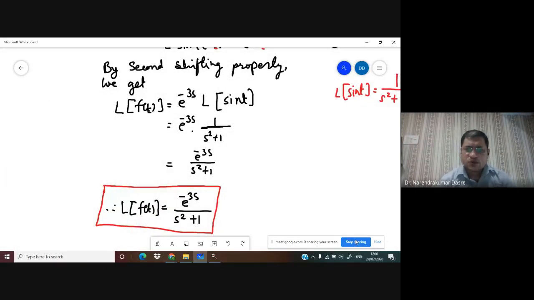Now I hope you got this example. Is there any doubt in this example? I hope all of you have got this second shifting property and the examples also.